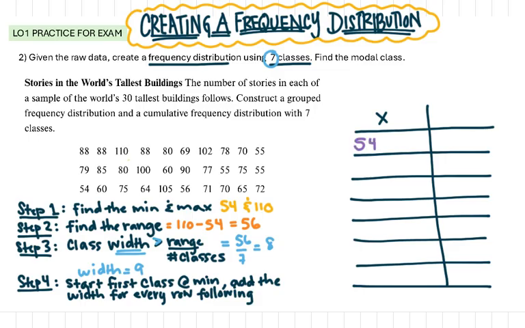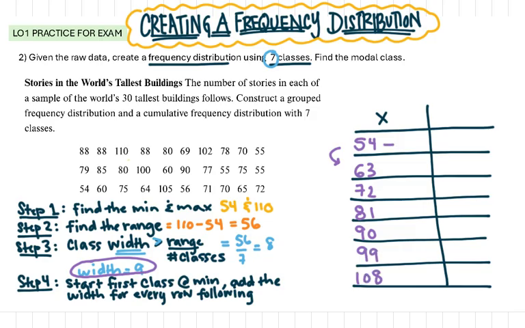And then according to my instructions, add the width for every row following. So to go to the next row, we're going to add, remember we chose our width to be 9. And so this will become 63, add 9 again, 72, add 9 again, 81, add 9 again, 90, 99, 108.